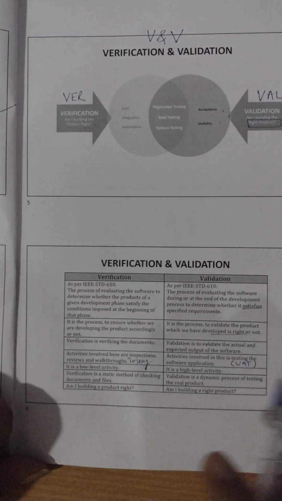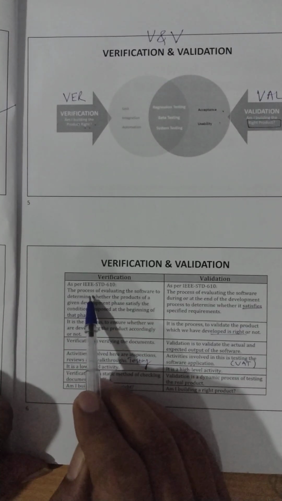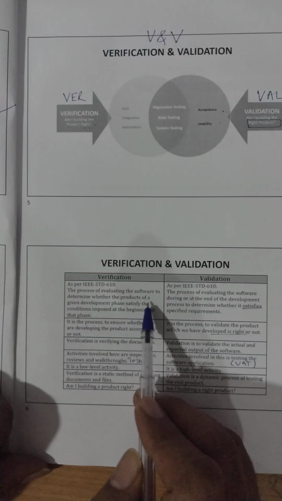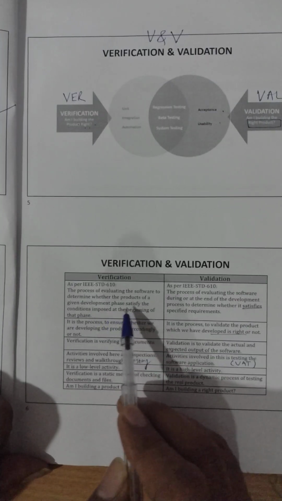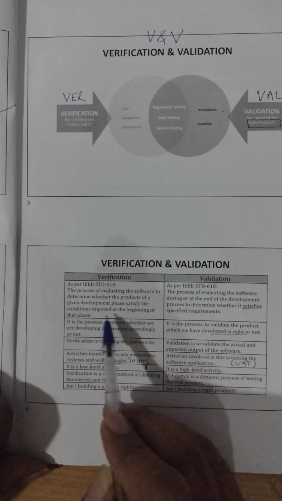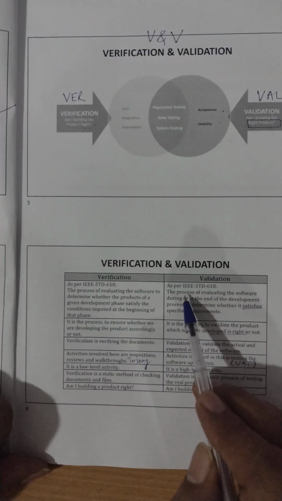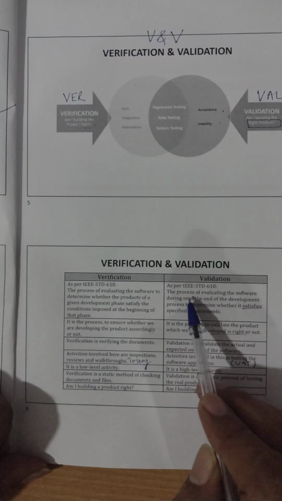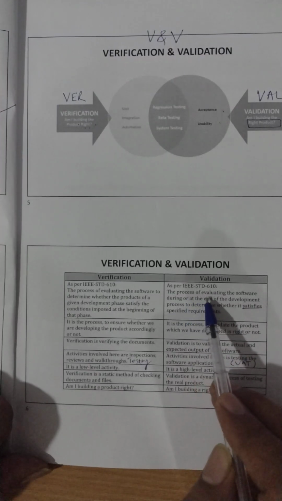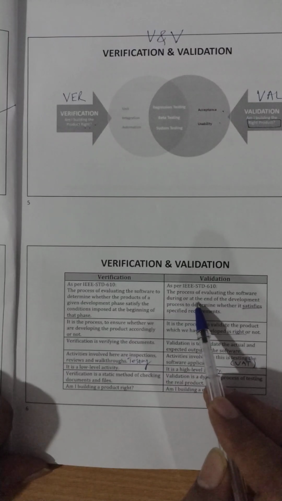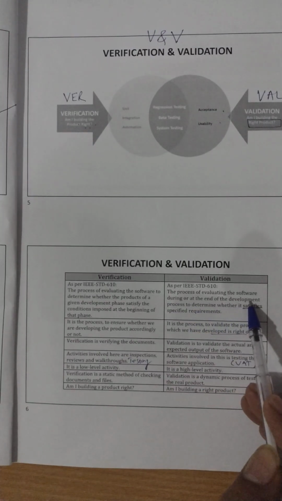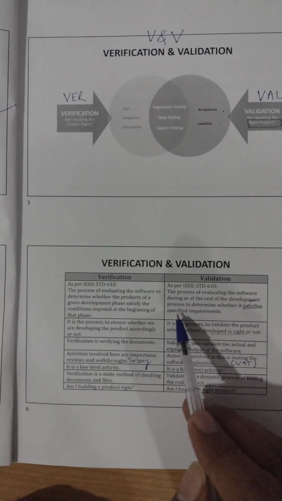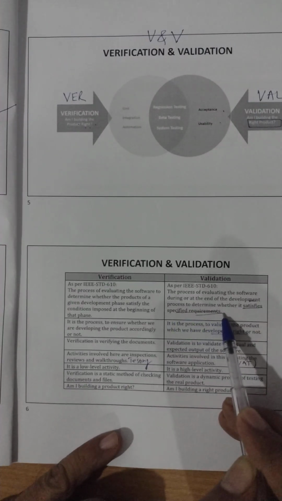Verification, as per IEEE, is the process of evaluating the software to determine whether the products of a given development phase satisfy the conditions imposed at the beginning of that phase. The definition of validation, as per IEEE 610, is the process of evaluating the software during or at the end of the development process to determine whether it satisfies the specified requirements or not.